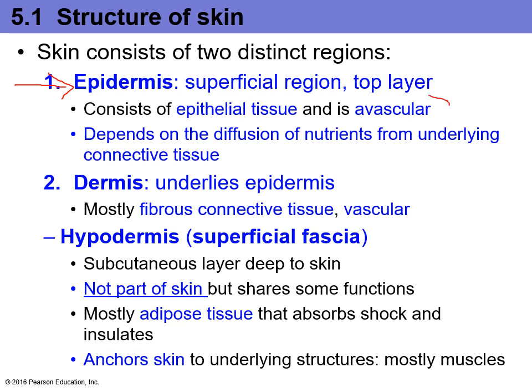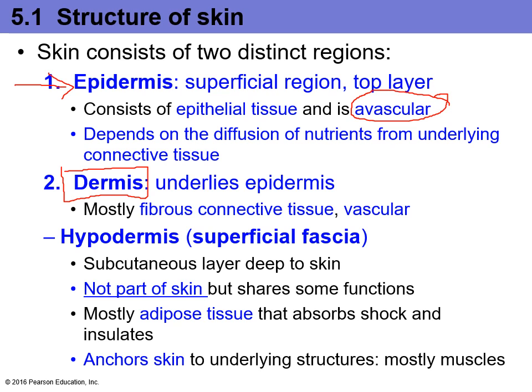So that means that there are no blood vessels running through this particular section. Instead, the cells will rely on the connective tissue layer that is underneath, composed of what we call the dermis, to provide the nutrients and get rid of the waste products that are being accumulated in the epidermis.